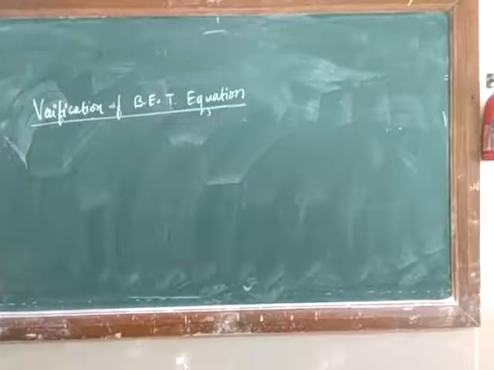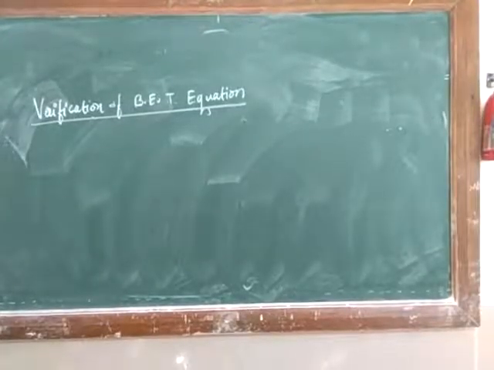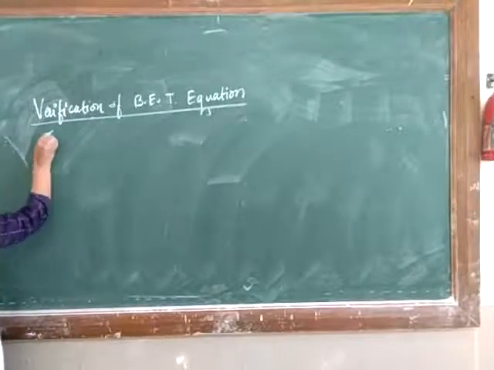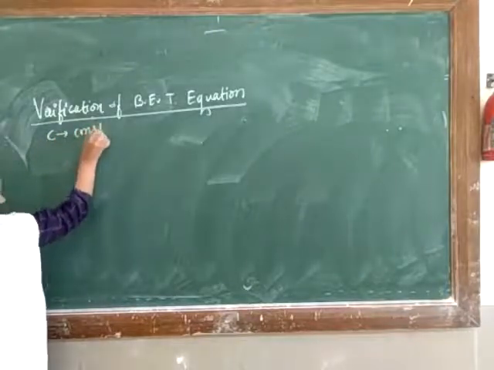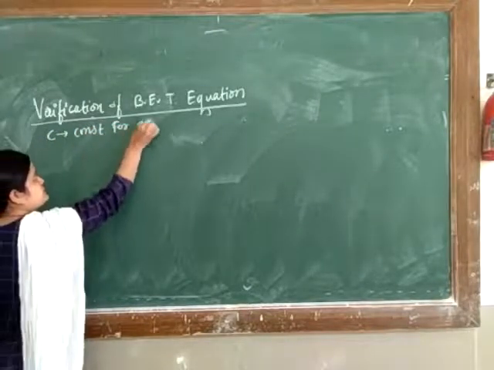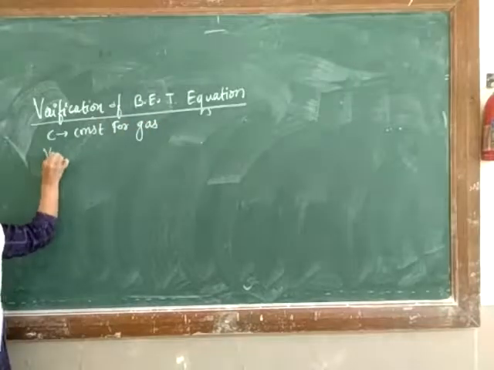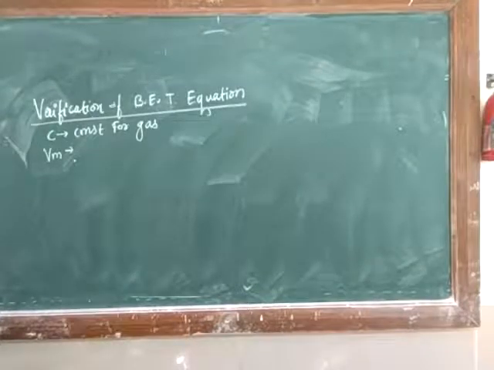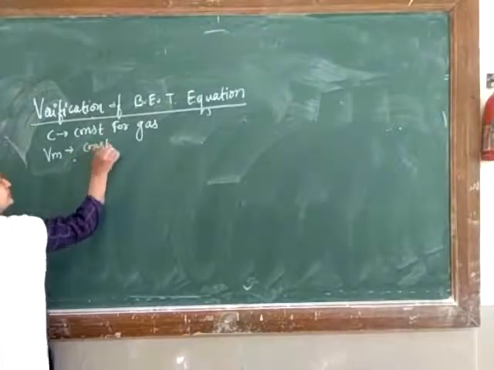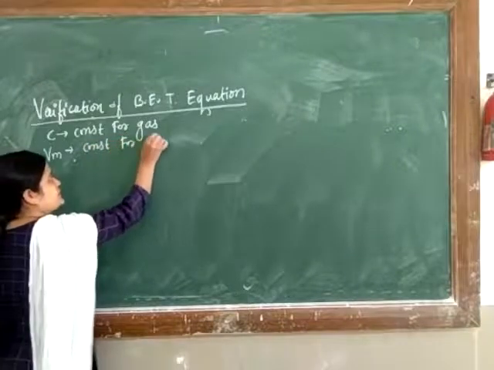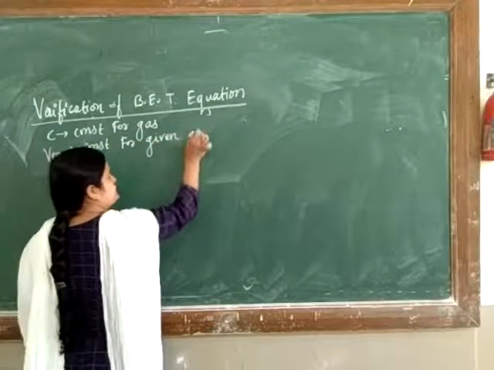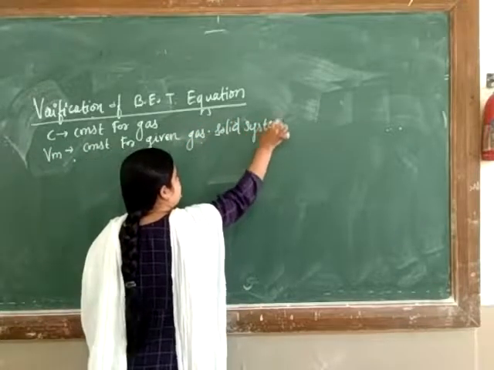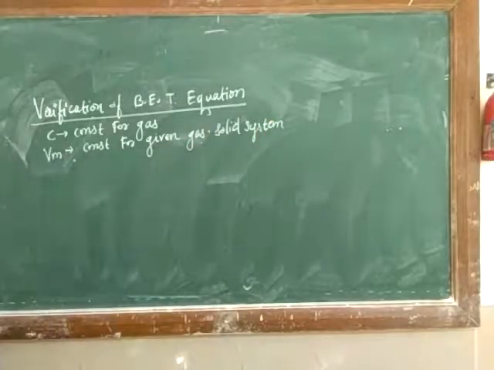Now let's see the next part, that is verification of the BET equation. For the verification, C is a constant for the gas, and Vm is also constant for a given gas-solid system, meaning the adsorbent, which is solid, and the adsorbate, which is the gas molecule.